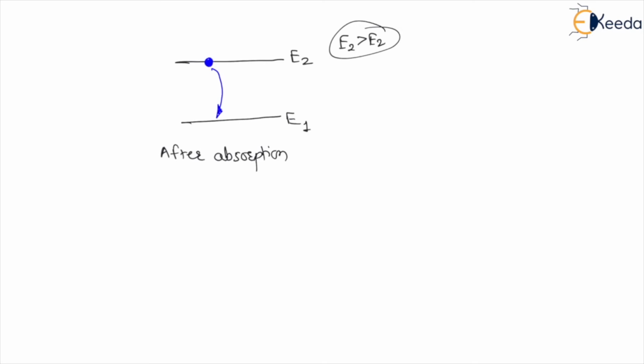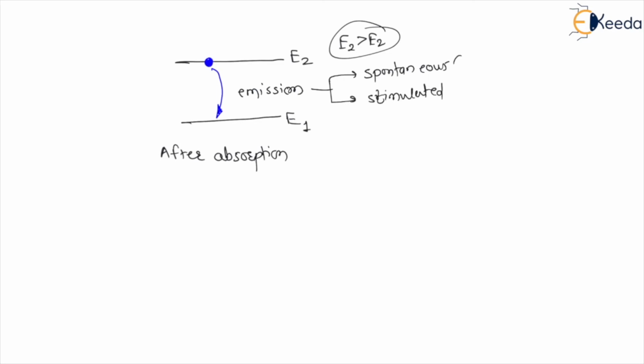Whenever the electron travels from the high energy level E2 to the low energy level E1, such a process is called emission, and this emission can be of two types. First is spontaneous emission, and second is stimulated emission.